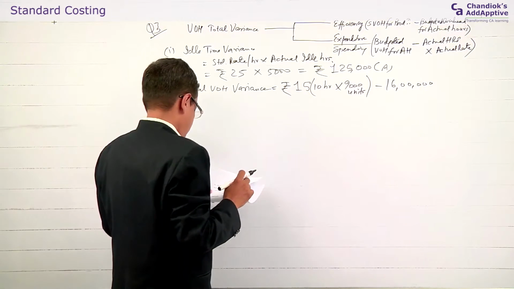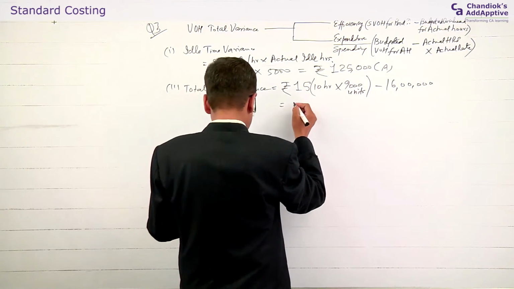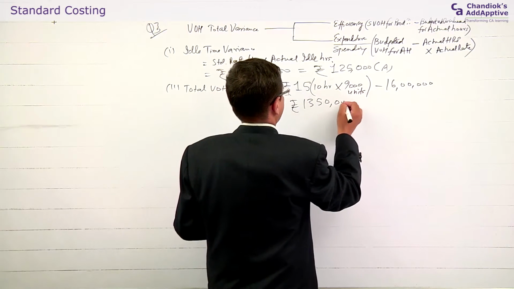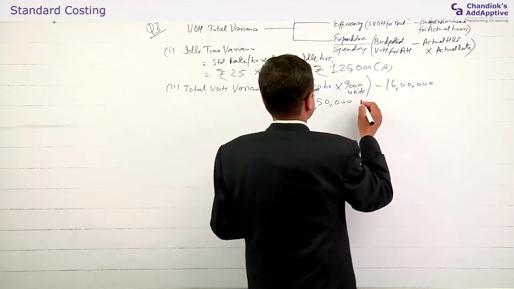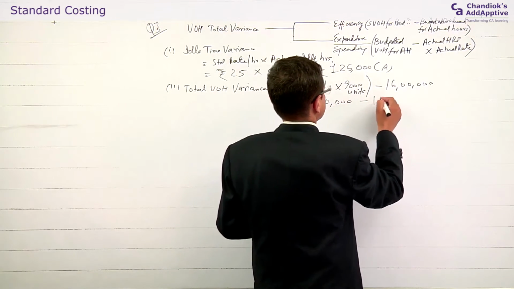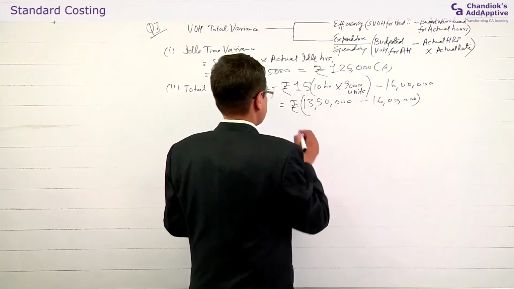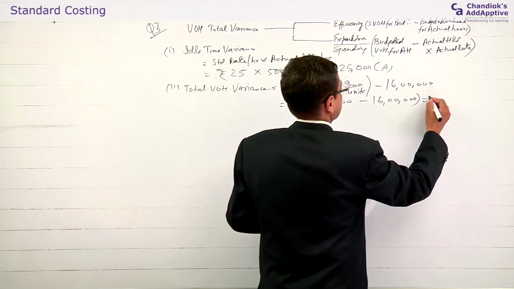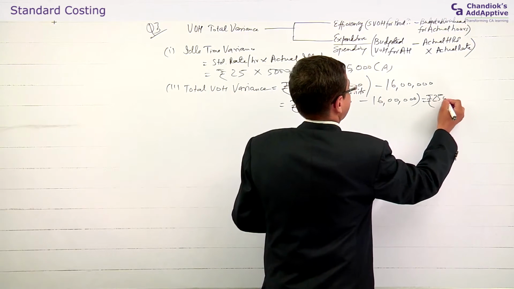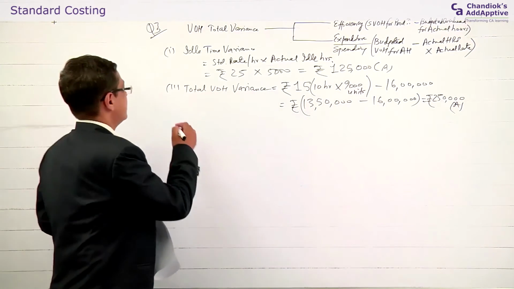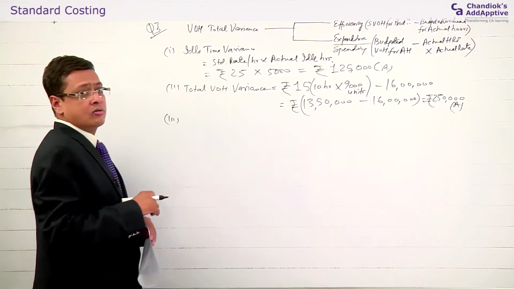So if you solve the equation, this becomes rupees 13,50,000 minus 16 lakh. This works out to rupees 2,50,000 adverse. So this is the second point in the question.